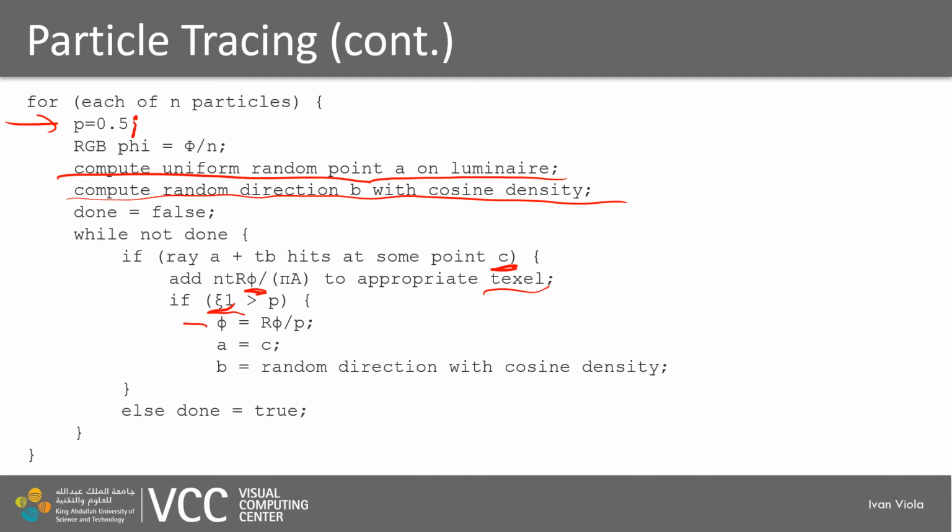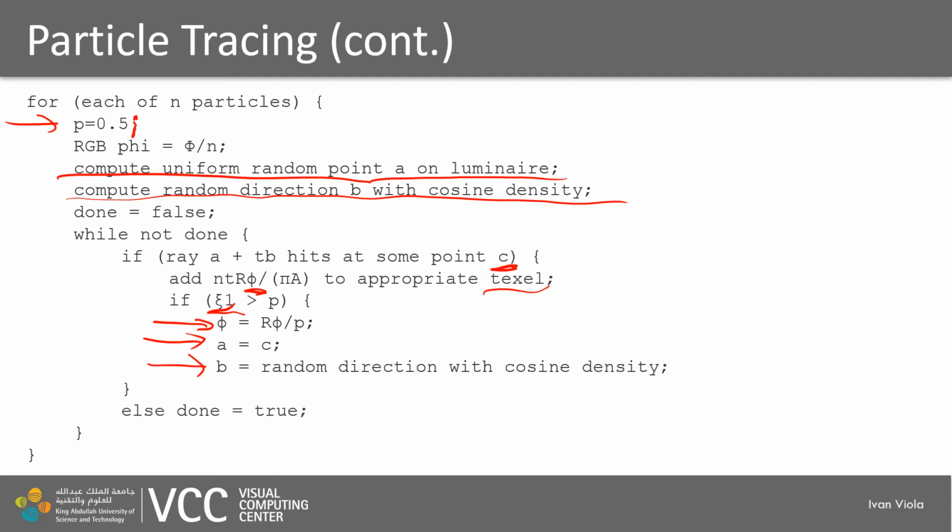we adjust the power and we define our own surface point as the starting point of a ray or of that particle, and then again we sample the B as the random direction in a fair way.